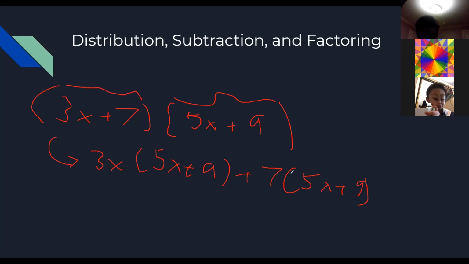parentheses into 2. And thus we could distribute: 3x times 5x is 15x squared, plus 3x times 9 is 27x, plus 7 times 5x is 35x, plus 63.